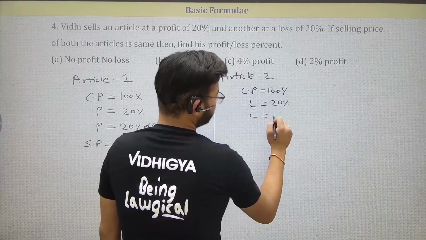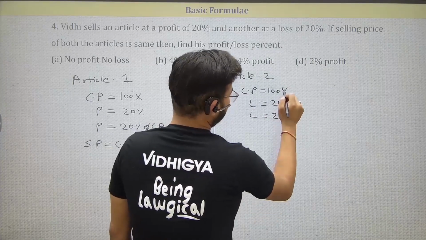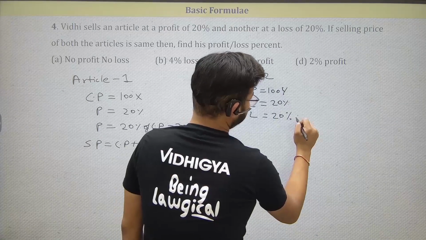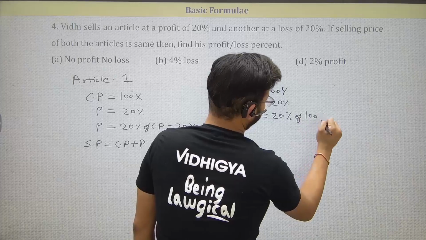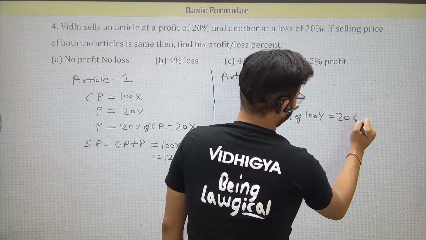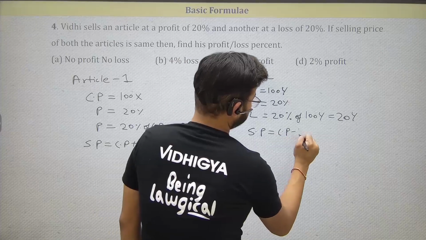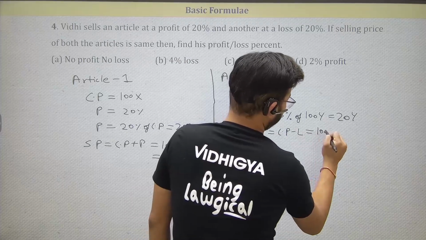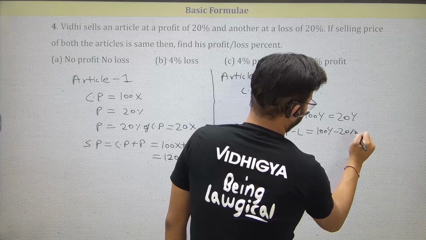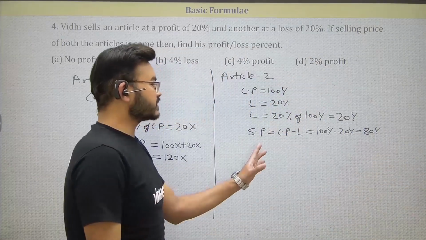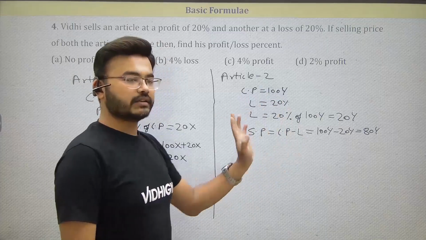The value of loss will be 20% of 100y. So that will be equal to 20y. Now selling price will be cost price minus the loss. So that becomes 100y minus 20y equals 80y. So this becomes the selling price of article 2.